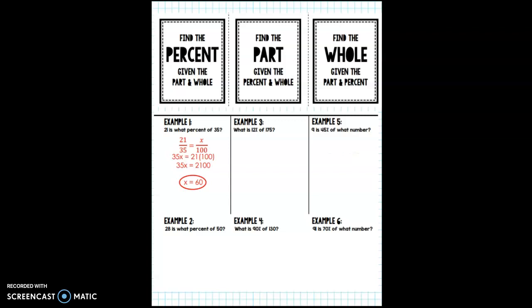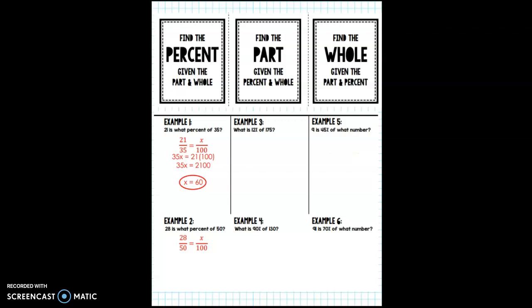21 is 60% of 35. 28 is what percent of 50? 28 is our part, 50 is our whole. Again, setting up your proportion, 28 over 50 equals x over 100.